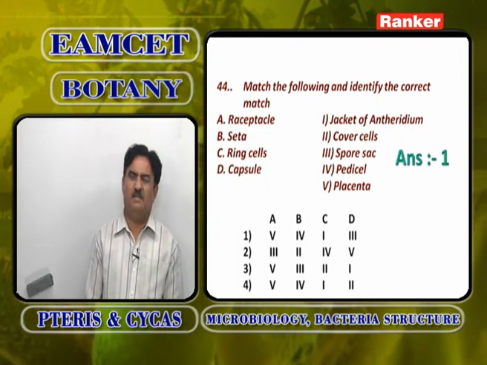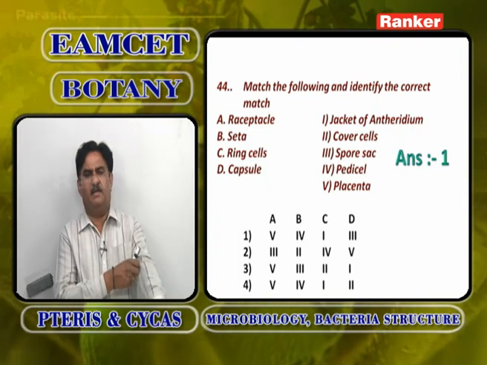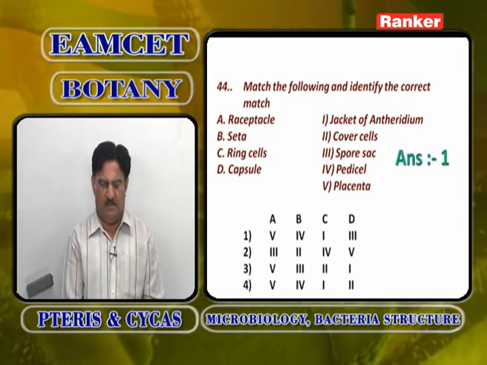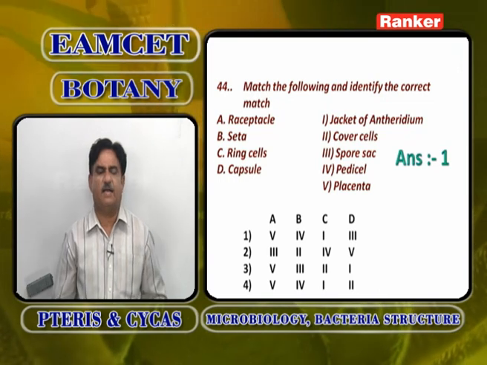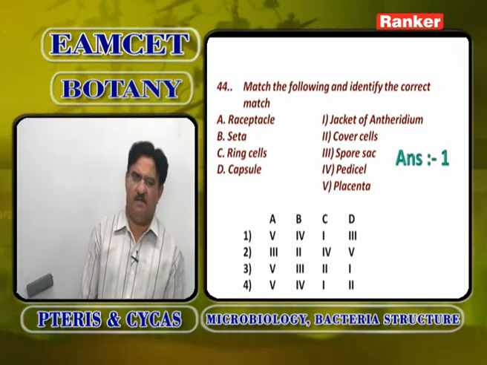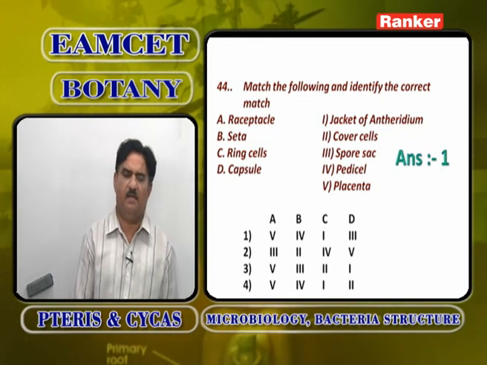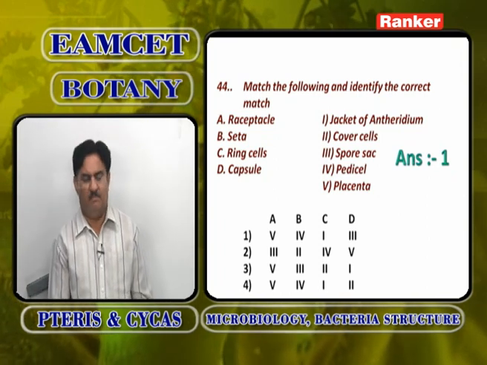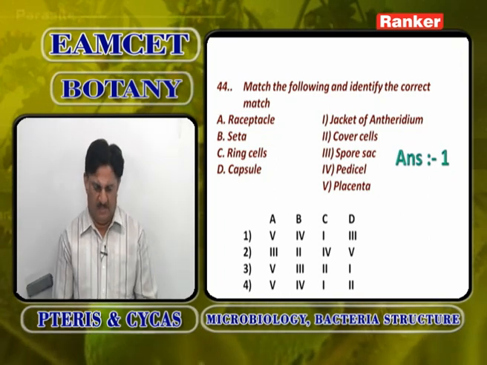Ring cells, 1. Jacket of antheridium always contains first ring cell, second ring cell and cap cell. Then capsule. Capsule contains spore sac. In the capsule, 2 to 3 layers of spore sac, externally surrounded by single layered spore sac, internally surrounded by one layered spore sac. So answer is A5, B4, C1, D3.